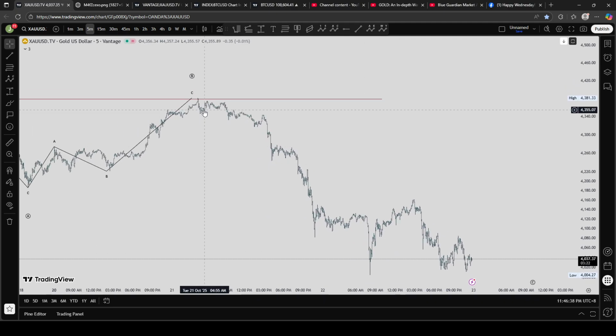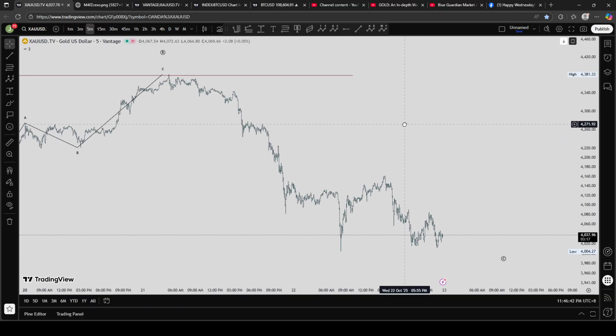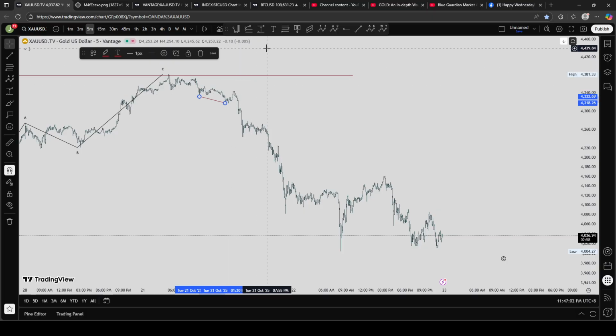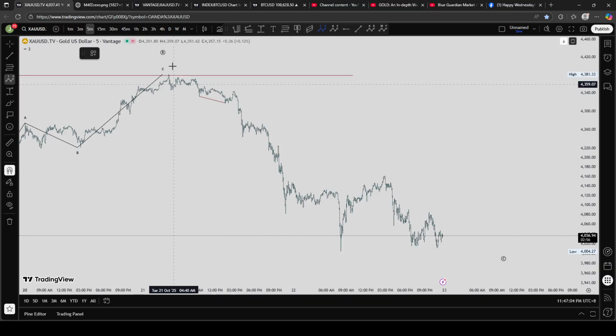So let's start counting from the top, from the all-time high of a possible expanded flat scenario. So from here, this is a leading diagonal. As I've mentioned a while ago, a leading diagonal is a motive wave wherein wave 4 retraces beyond the territory of, or overlaps the territory of, wave 1.